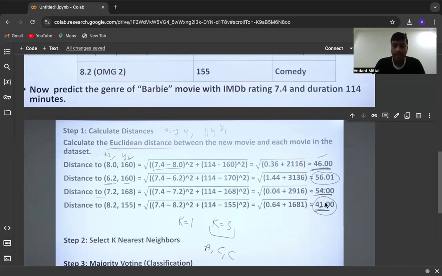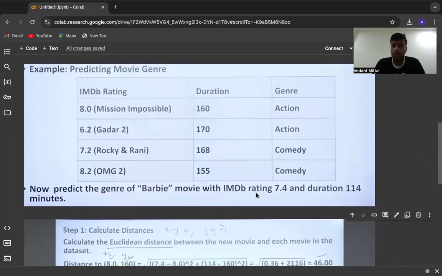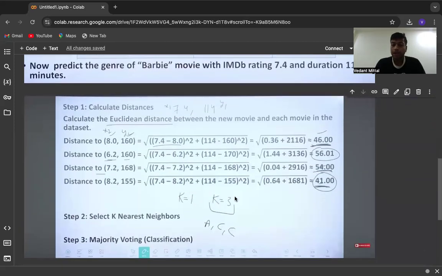Now, if we take the value of k equal to 1, then the nearest neighbor will be 41. The 41 is of OMG 2, whose genre is comedy. So here we get the Barbie movie genre as comedy. But suppose we take k equal to 3, then we'll be comparing with the three nearest neighbors, which will be 41, 46, and 54.